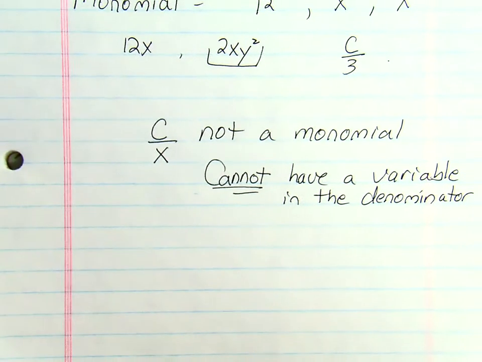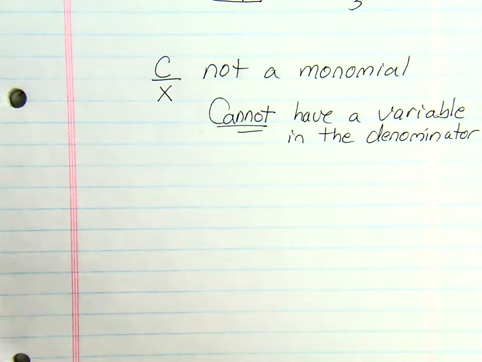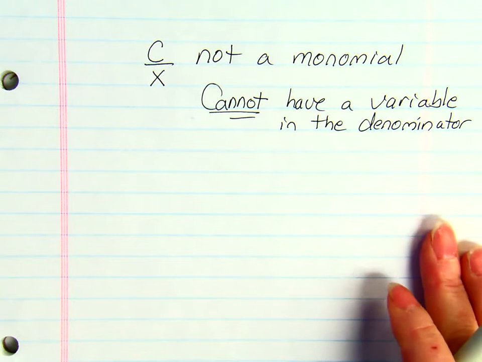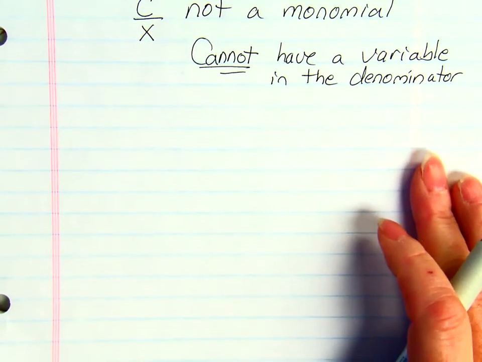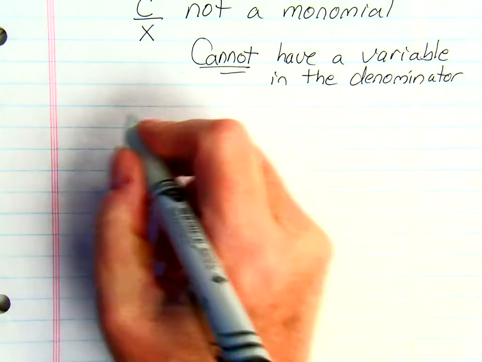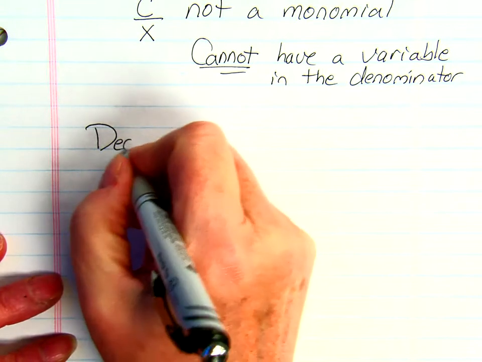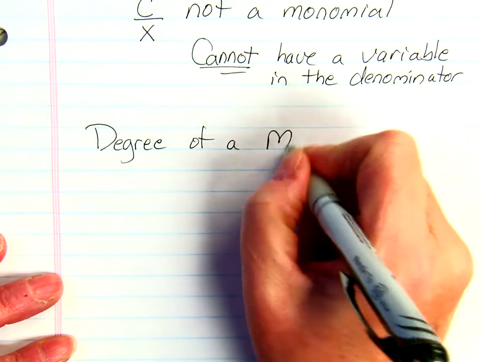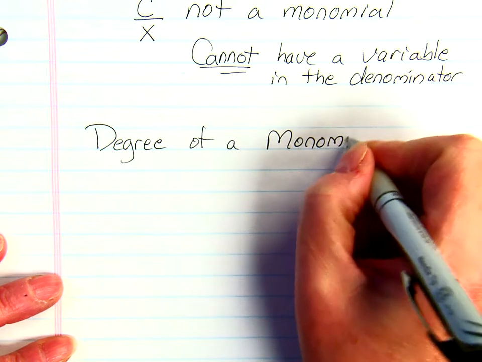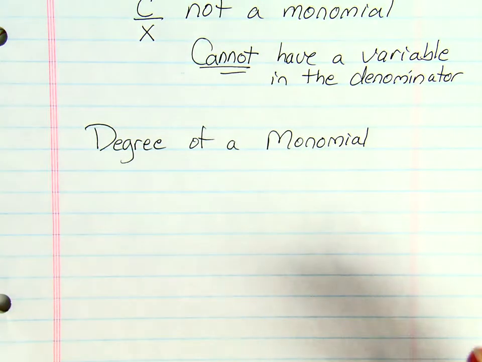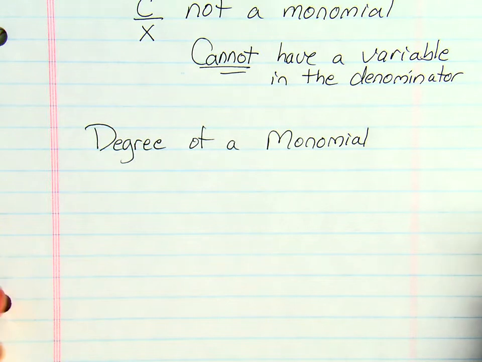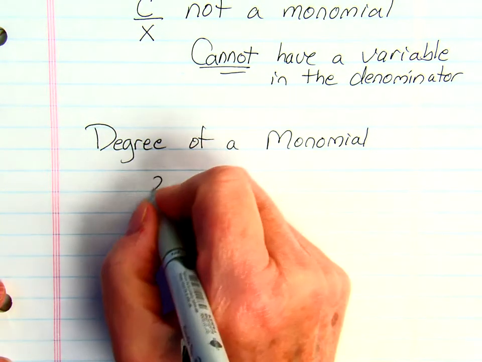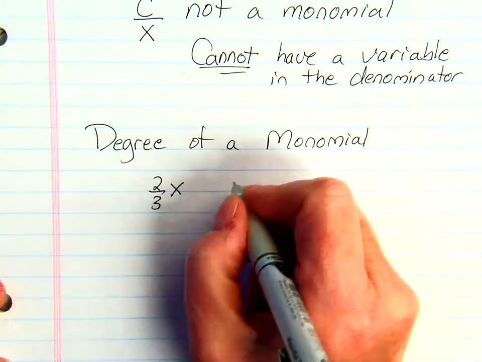So here we have talked about monomials, and now with monomials, we also talk about the degree of a monomial. When we talk about degrees, we're basically talking about exponents. So let's say we've got 2/3 x.